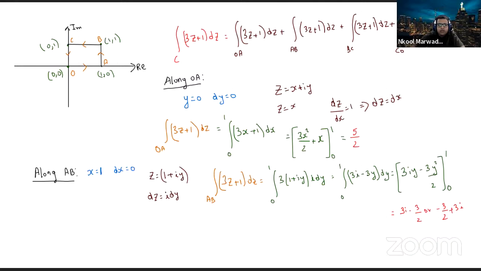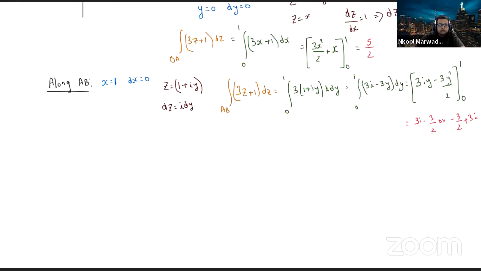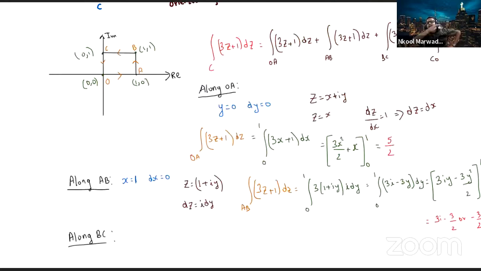Similarly, we have to calculate along BC. Now see here the graph. Once again, this BC is a line which is parallel to the x-axis, so its equation will be y is equal to something. Since it is not overlapping the x-axis, it is cutting the y at 1. So the equation is y is equal to 1.